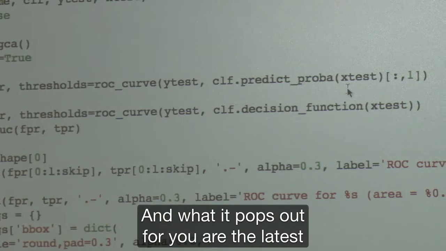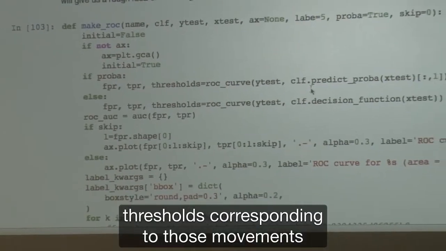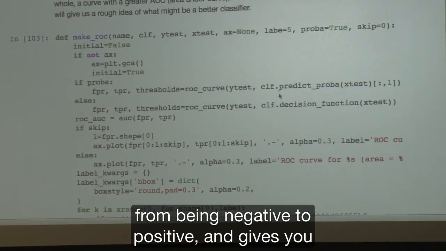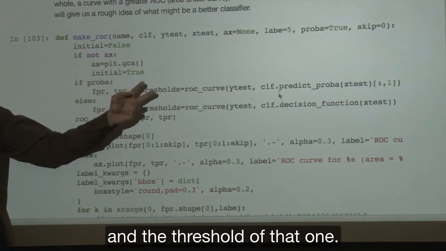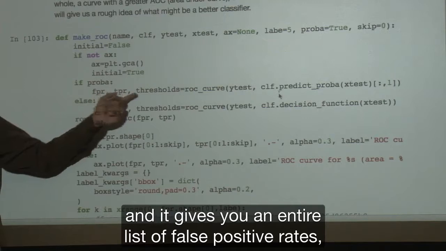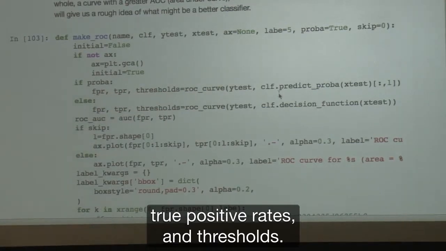And what it pops out for you are the various thresholds corresponding to those movements that I just showed you, of moving one sample over from being negative to positive, and gives you the false positive rate, true positive rate, and the threshold of that one, and then it keeps doing that. It gives you an entire list of false positive rates, true positive rates, and thresholds.